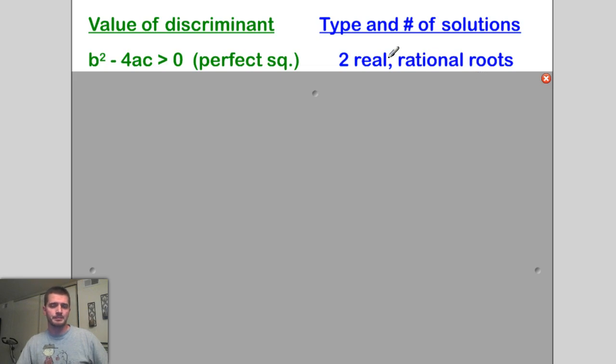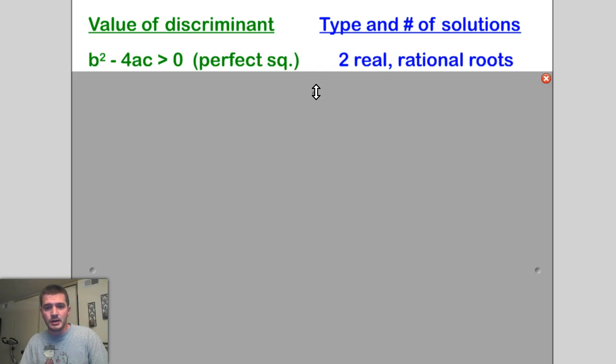Now, it's not necessarily going to be integers, but rational means fraction, so whichever way is going to work there. But you guys need to still be familiar with those terms.